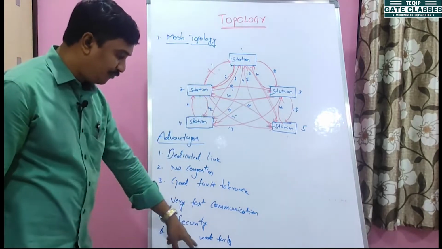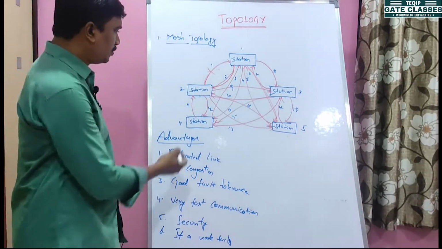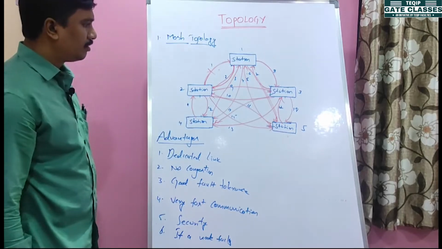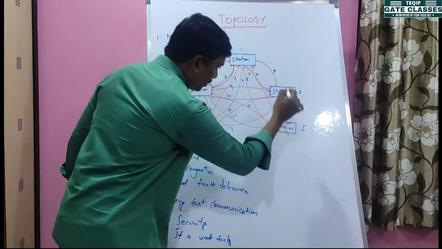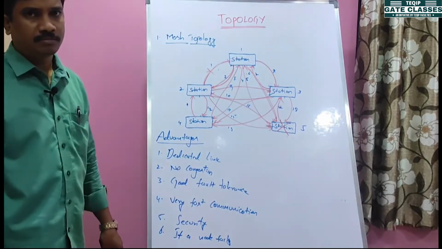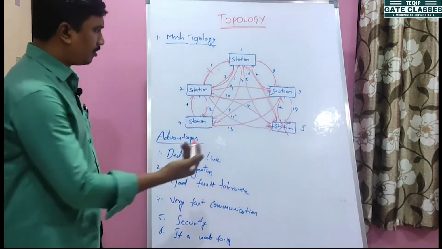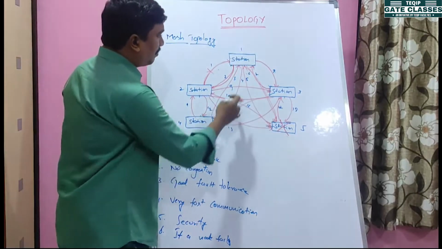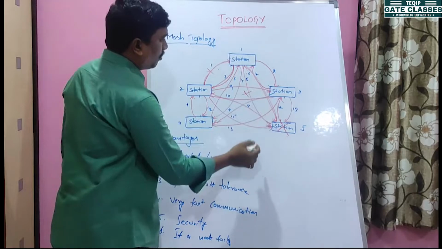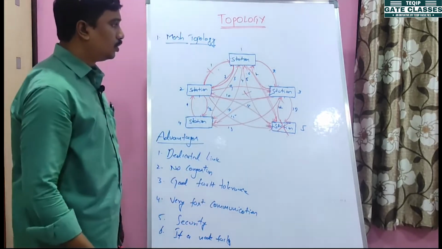The last one is if a node fails. Suppose I want to send data to station 5. If a node fails, no problem, we can send to the remaining stations. Or if the direct link fails, no problem, we can go through another station.